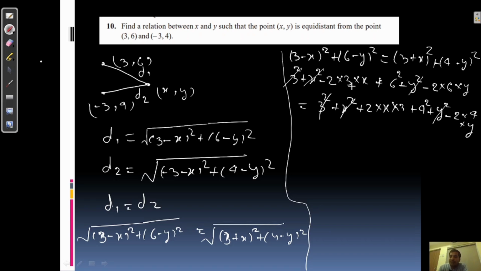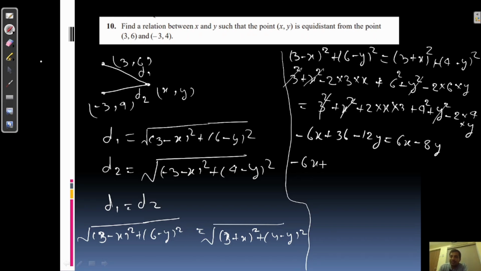Now let us solve. Minus 2 into 3, minus 6. So we are having minus 6x plus 6 square is 36 minus 12y is equal to, 2 threes are 6, 6x minus 2 into 4, minus 8y. Let us transpose them all.